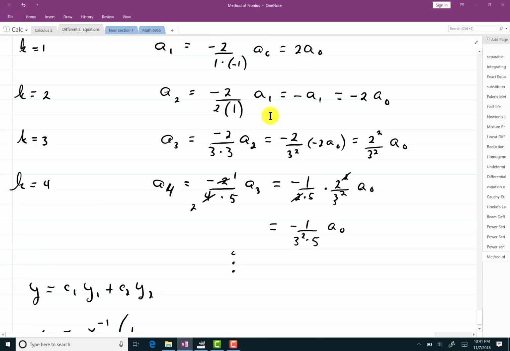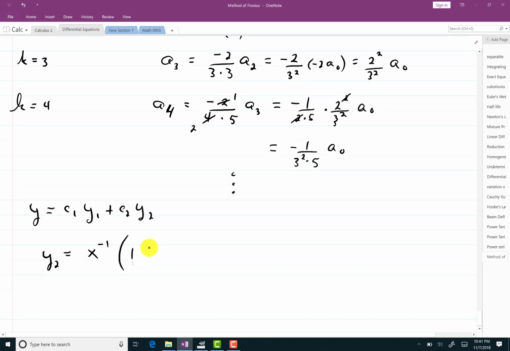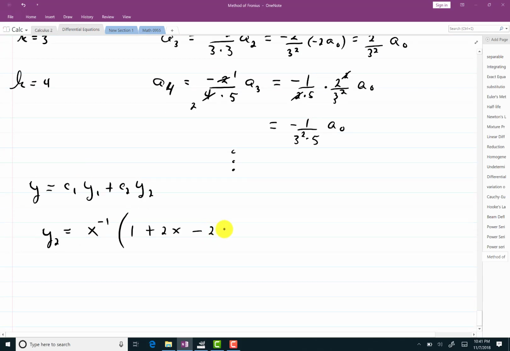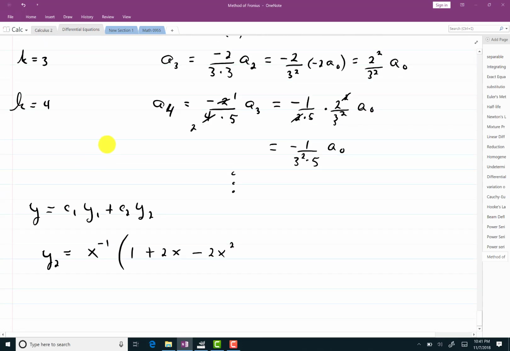I've got plus 2x. Then what comes in the x squared? I think that was a negative 2. And then in my x cubed, I have 2 squared over 3 squared. And then my x to the 4th, I had negative 1 over 3 squared times 5, x to the 4th, plus dot, dot, dot.